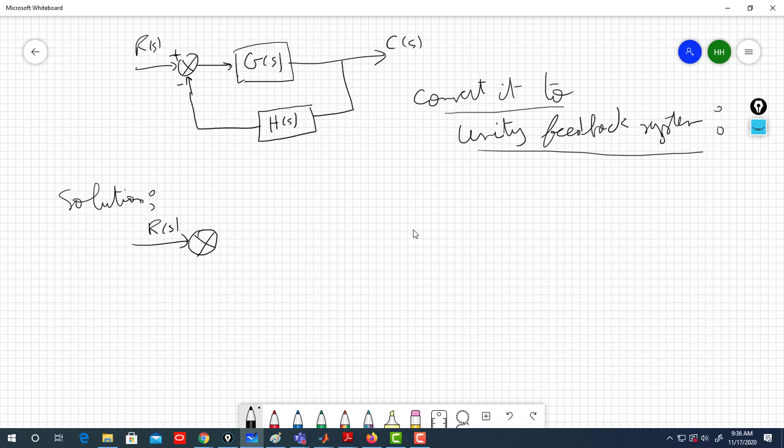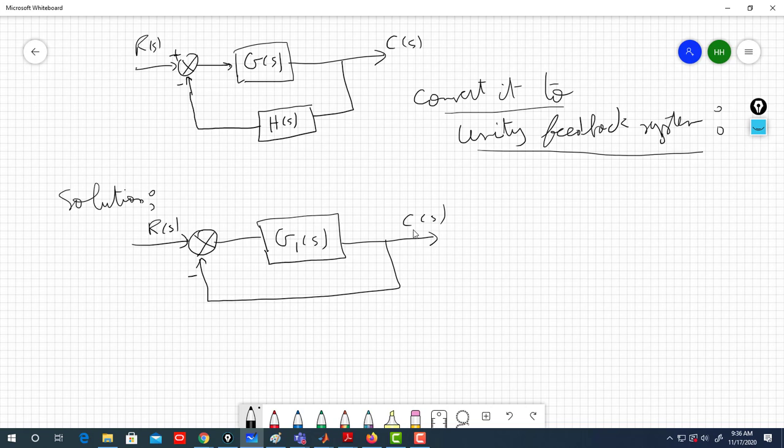Then it is equivalent to G1 of S. Here C of S, and here plus and minus, where G1 of S equals G over 1 plus G of S H of S minus 1.